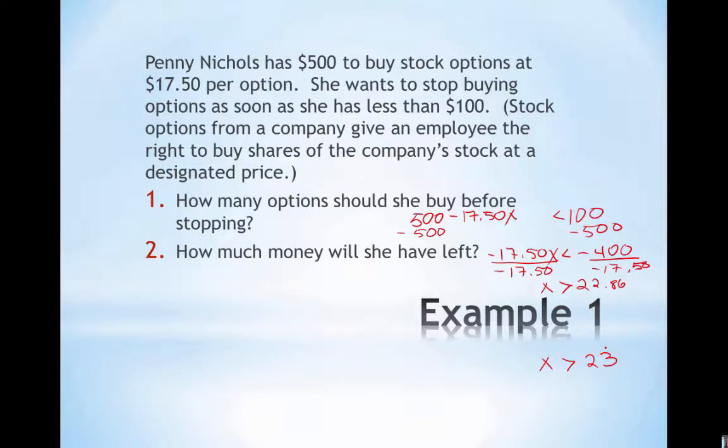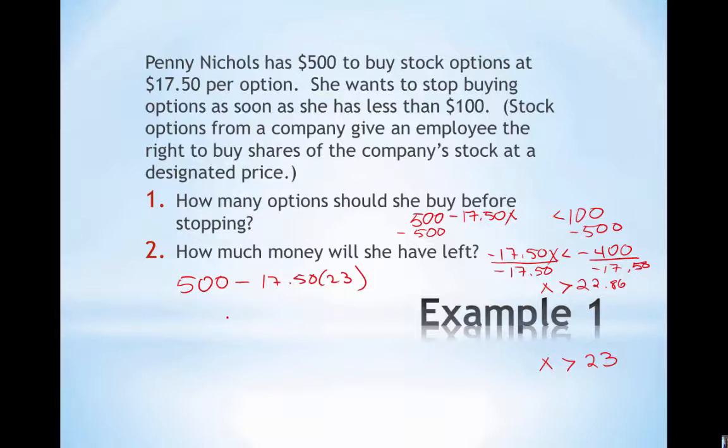Number 2 says, how much money would she have left? No, not 0. So let's plug it in. We're going to take 500, what we started with, minus 17.50 times 23. If you put that in, you will end up with, oh shoot, I didn't write it down. I think it's like 99 point something.